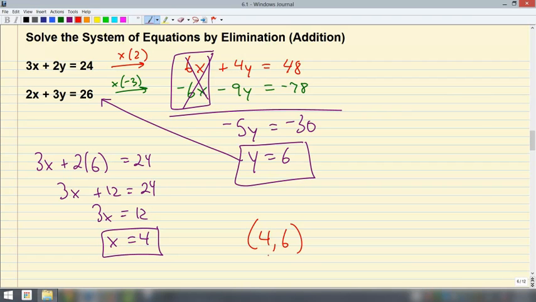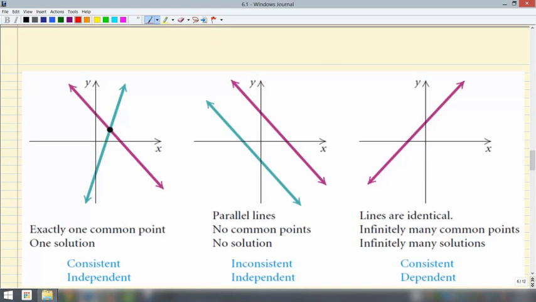Exact same solution. When you're doing these types of problems, there are 3 possible scenarios you can make with 2 lines in a plane. Scenario number 1 is going to happen about 80% of the time in this class. Most of the problems that you see are going to be of this type. They're going to have one solution, and that solution is going to be an ordered pair x, y.